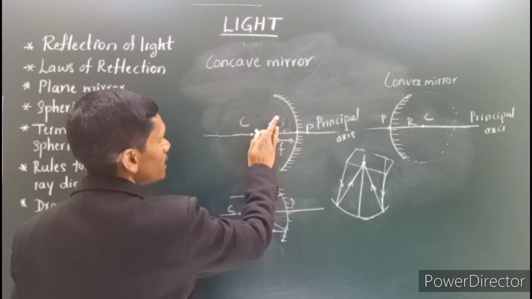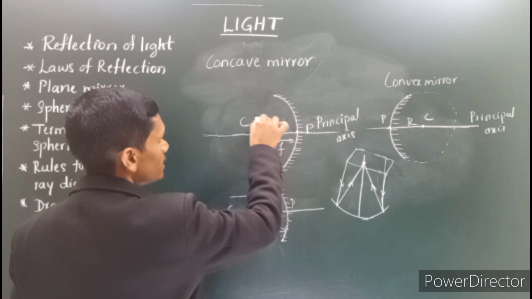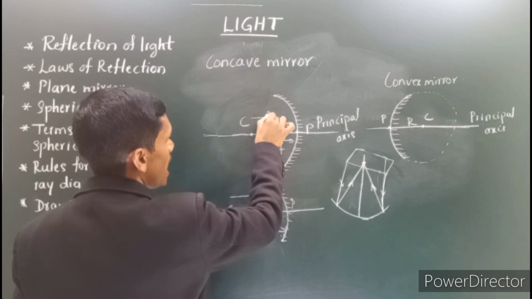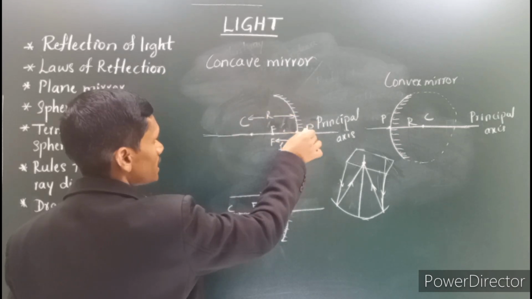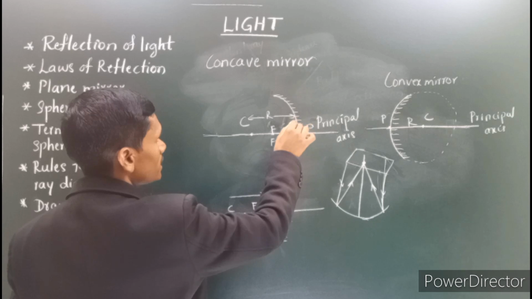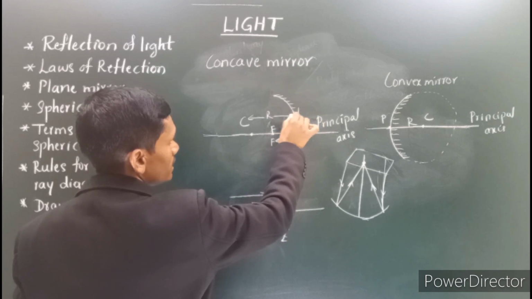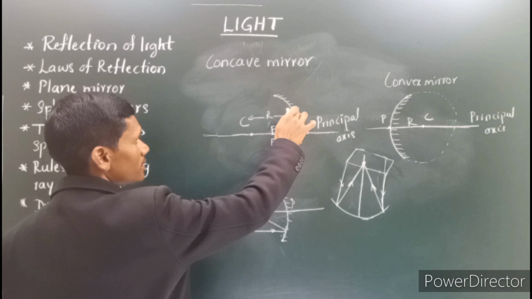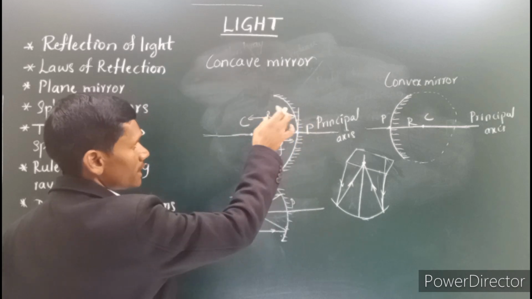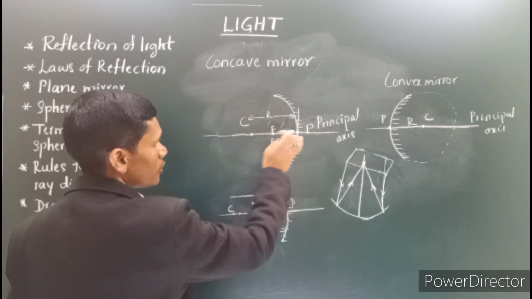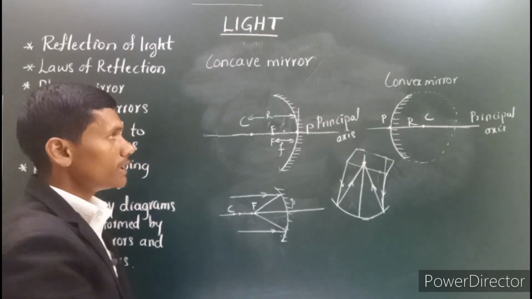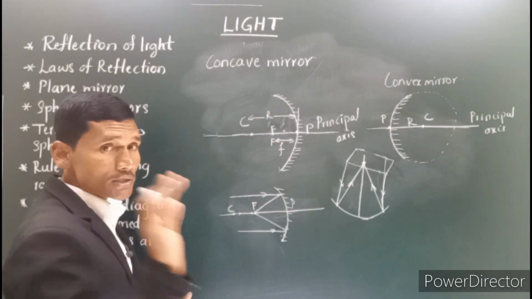See, we are calling this f here. The total distance from here to here is R, right? As we have studied, that is correct. That is the pole, you can consider this as the pole. Usually we take this distance from the center of curvature to the pole only on the principal axis, not out of the principal axis, as the radius of curvature.